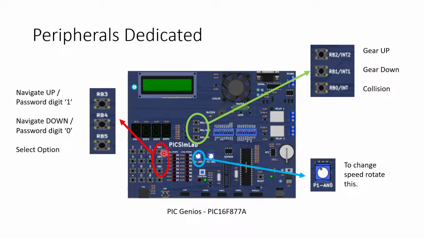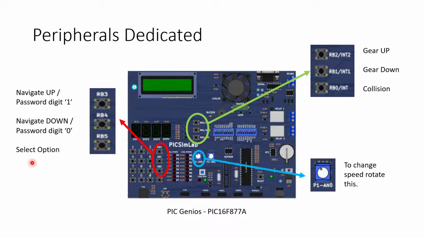And now see what the lower 3 buttons do. RB3 is to navigate up, and it represents digit 1 in the password screen. RB4 is to navigate down, and it represents 0 in the password digit.